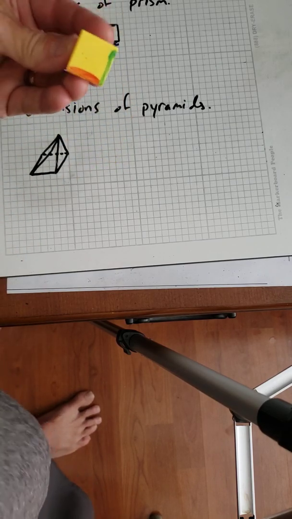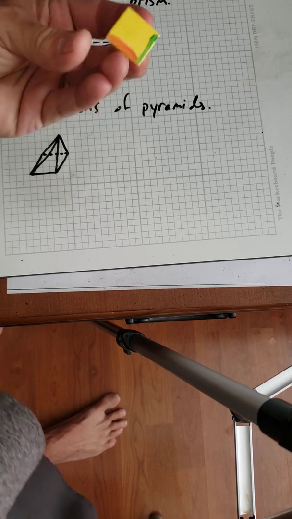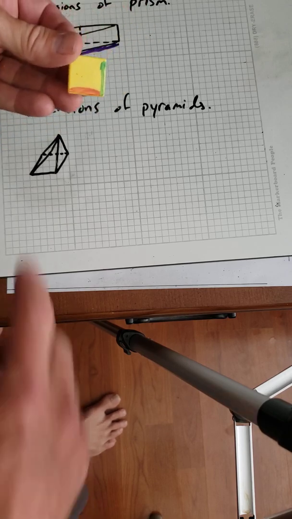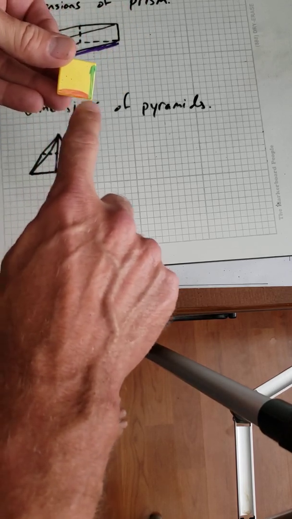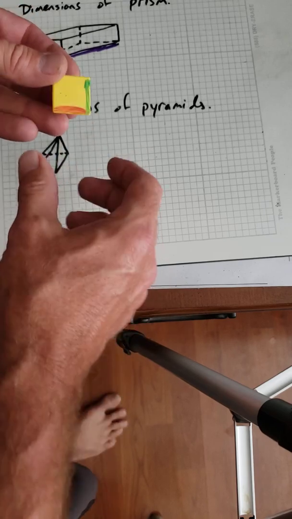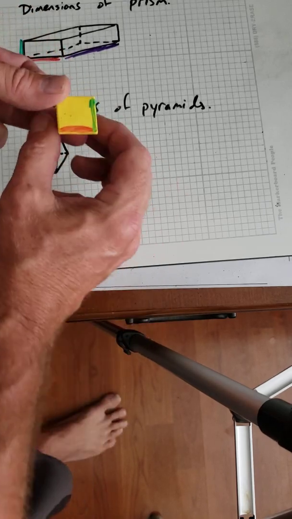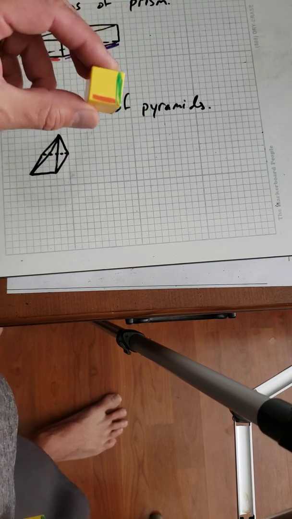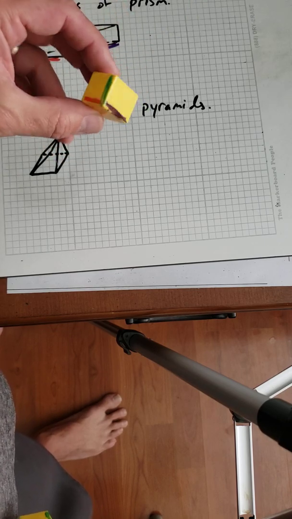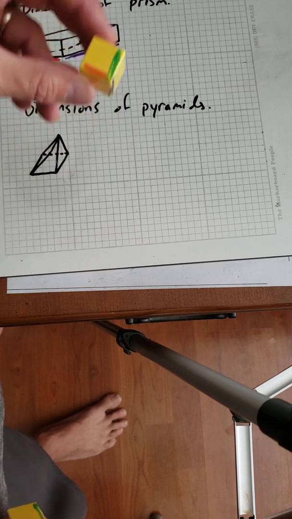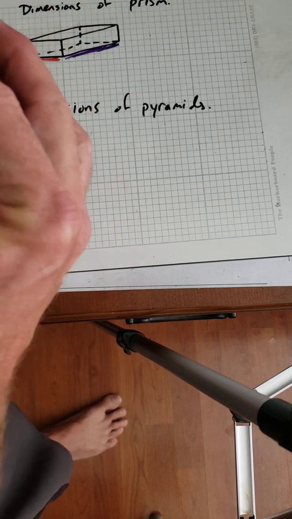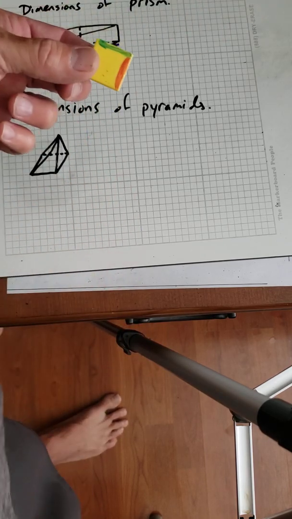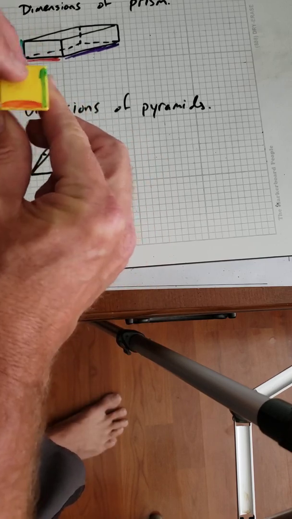So far, when we have done this color coding here, I've drawn my color on an edge. So you see it's like the edge here and the edge there. And if I go back and look at this one, the red is on an edge, the green is on an edge, and the purple is on an edge. So a very common mistake that students make when you're doing this with pyramids is they kind of go, oh, you know what? It's all the edges.